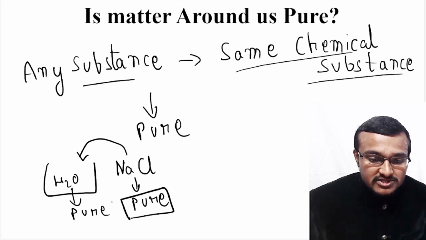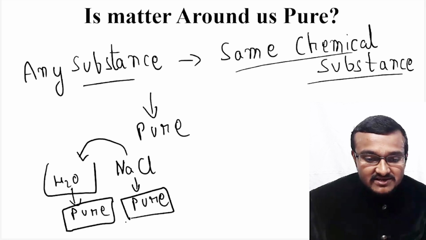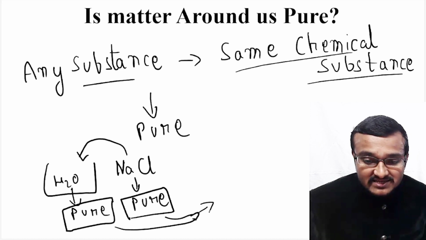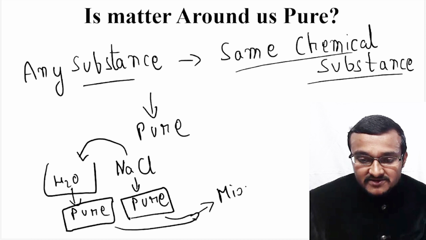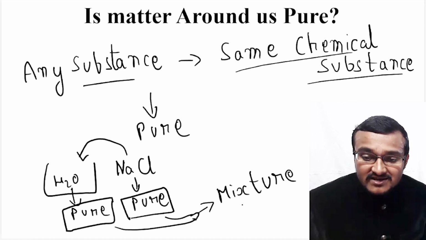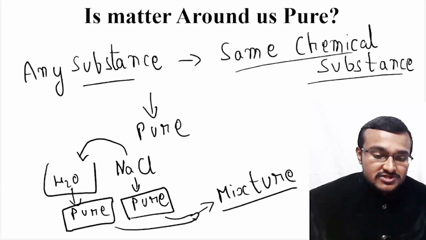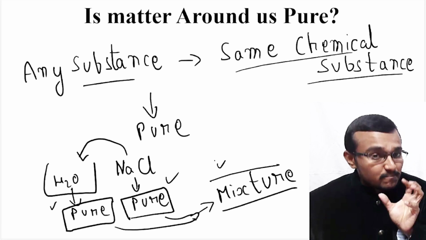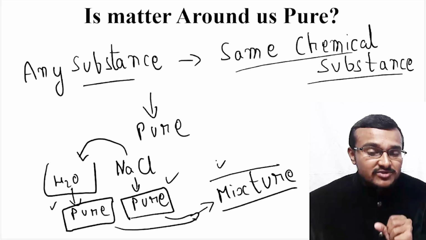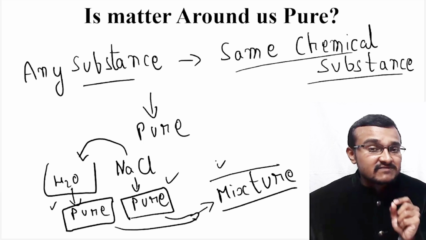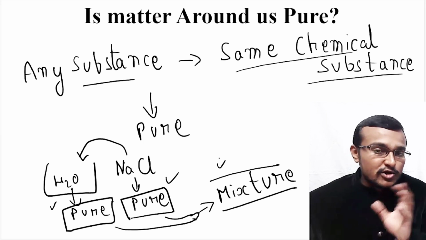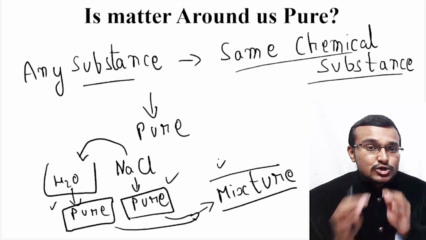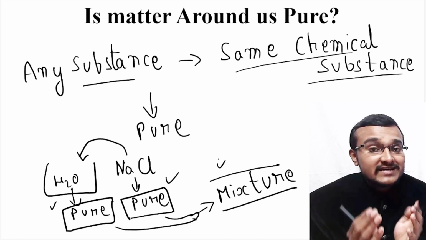When you mix two pure substances with each other, that substance, that is water plus NaCl, will be known as a mixture. That means this mixture contains different pure substances. When one or more than one pure substances are mixed together, that total substance will be known as a mixture.